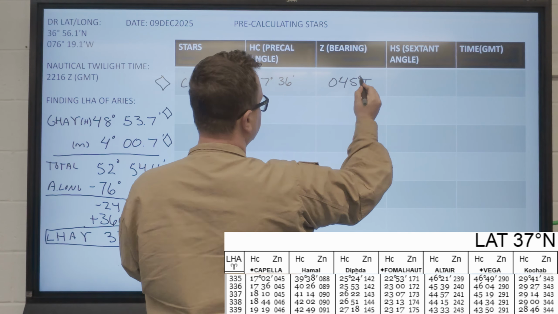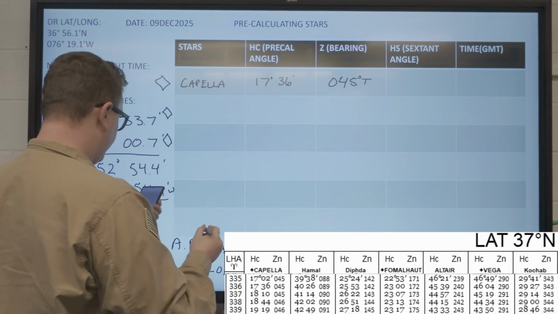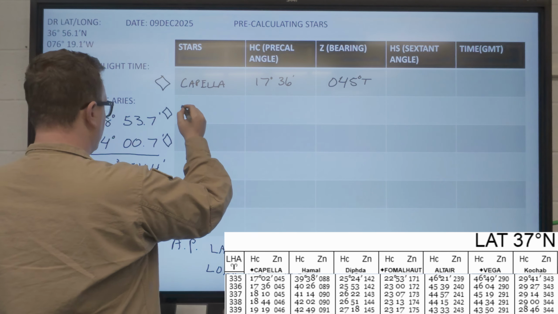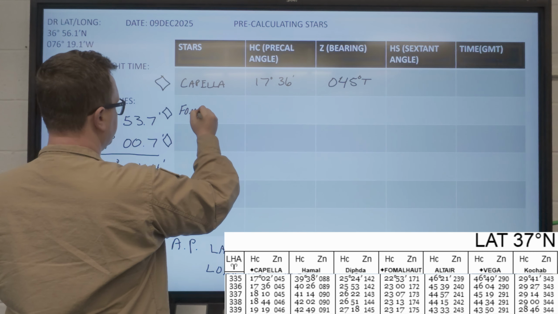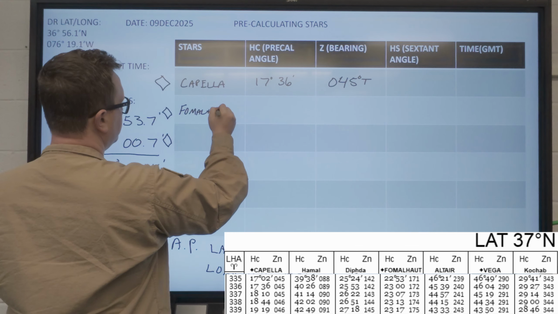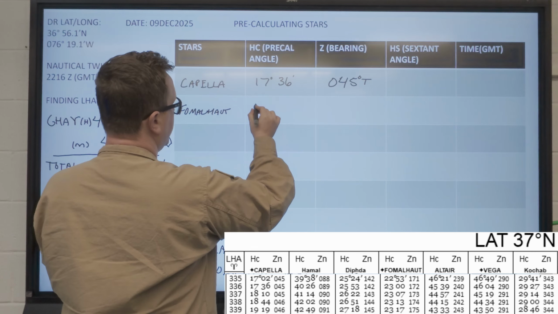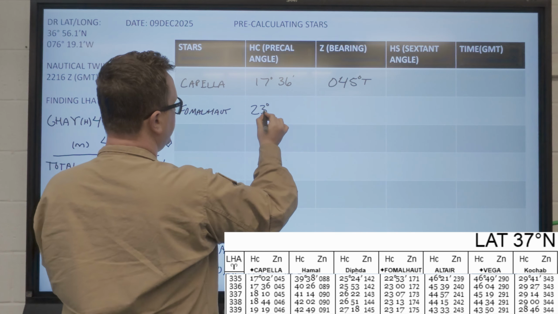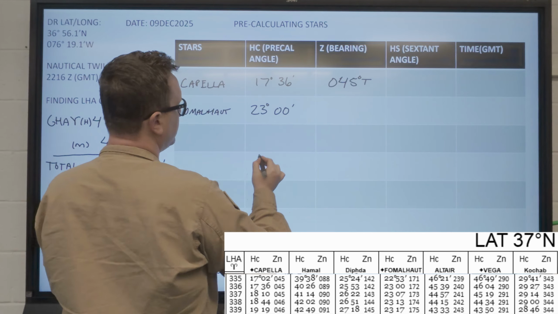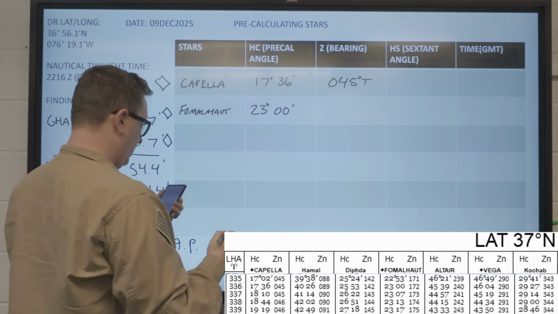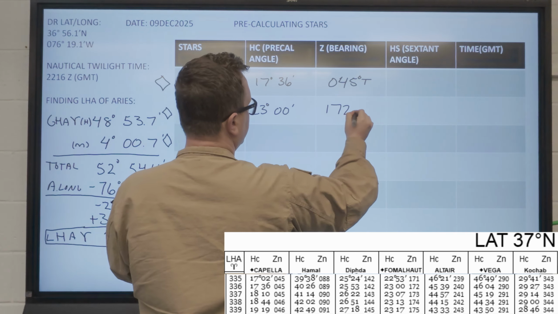And that's always true. The next diamond it gives us is Fomalhaut, with an HC of 23 degrees, 00 minutes. Pretty easy. With a bearing of 172 degrees true.